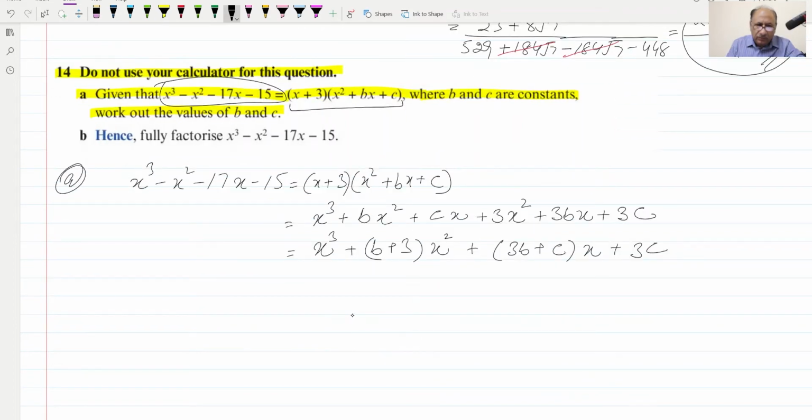Now we can compare these coefficients of x cube, x square and x.